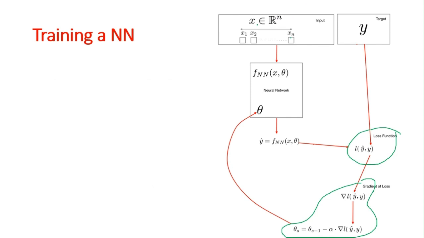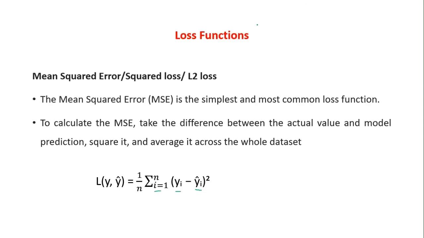For a particular sample, you have an output. Assume that this is the actual output, and this is the estimated output, yi cap. Now, the first type of loss function is mean square error.